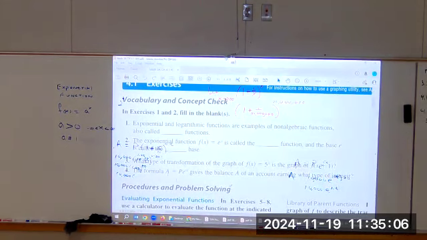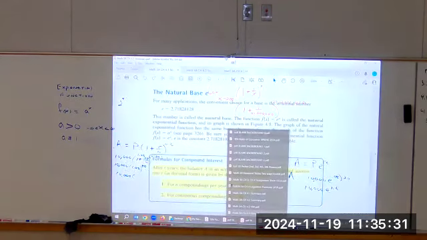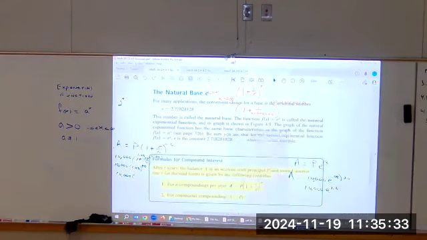And number four, A equals P times e to the RT is the balance of an account earning what type of interest? Interest that is compounded continuously. Continuous compounding.